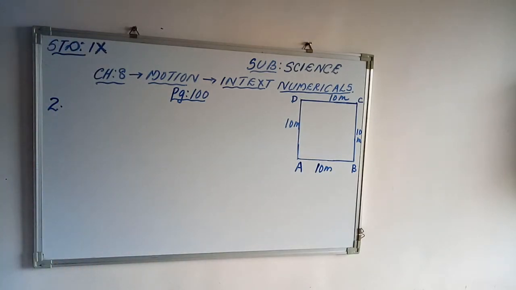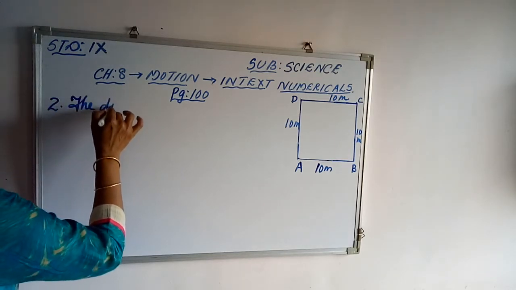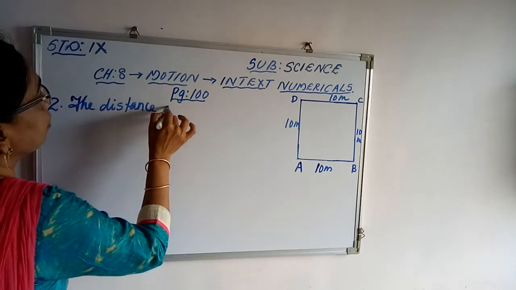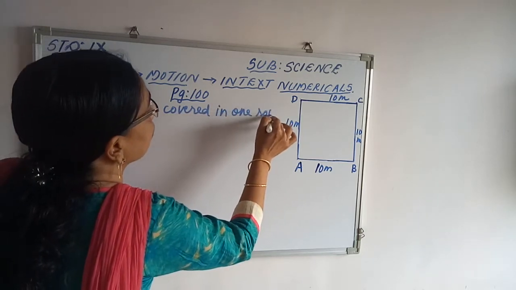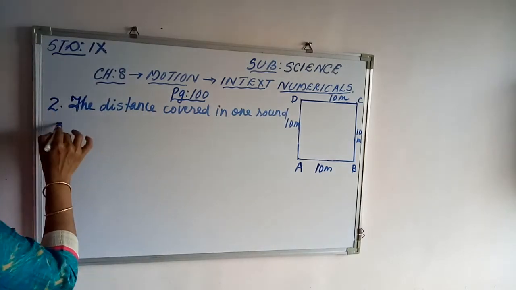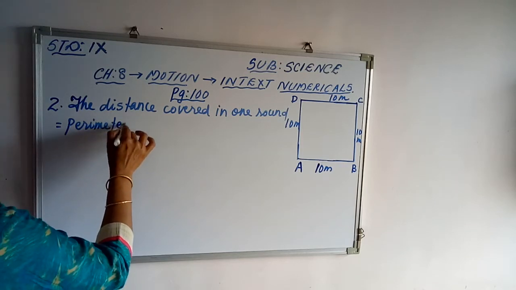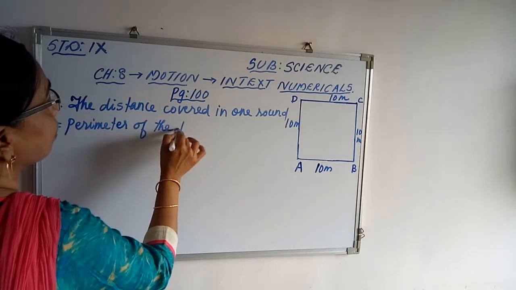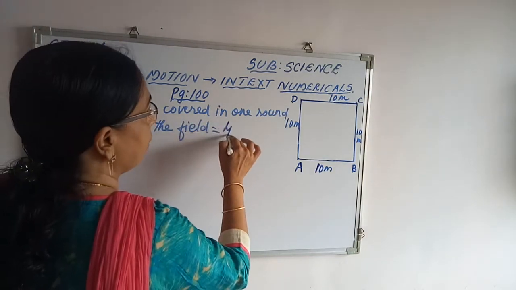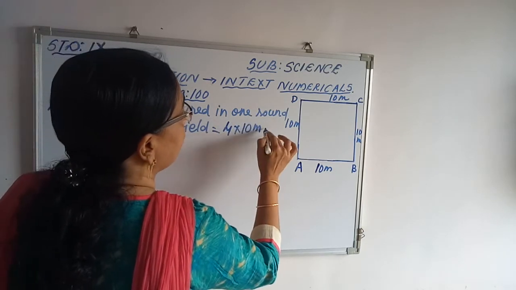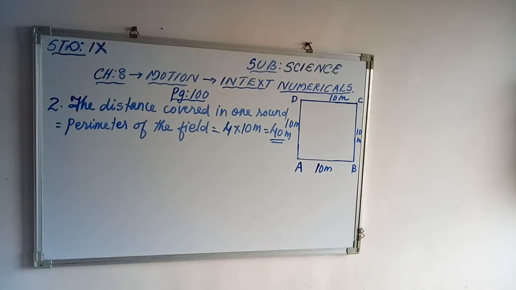So we can write, the distance covered in one round is equal to the perimeter of the field. You know how to find the perimeter of a square? 4 into side, that's equal to 4 into 10 meter, which is 40 meter. That is the distance covered in one round.